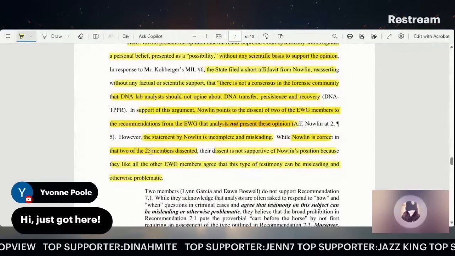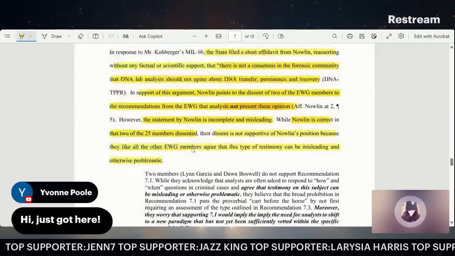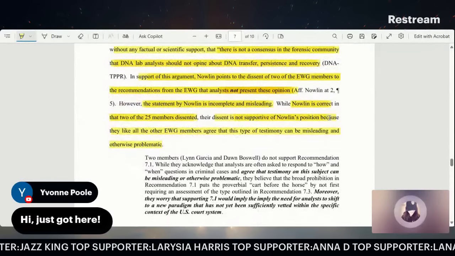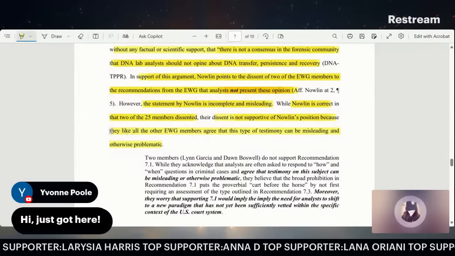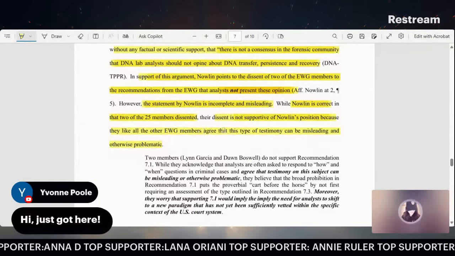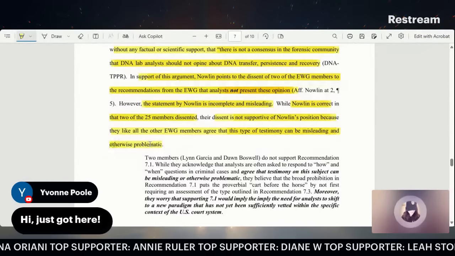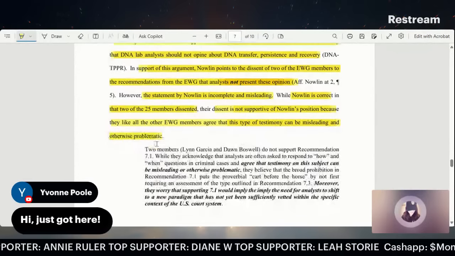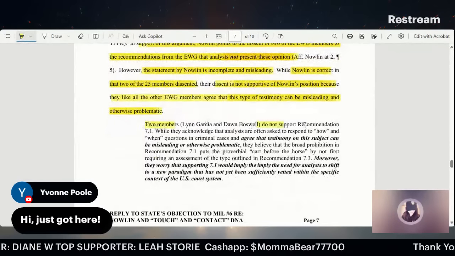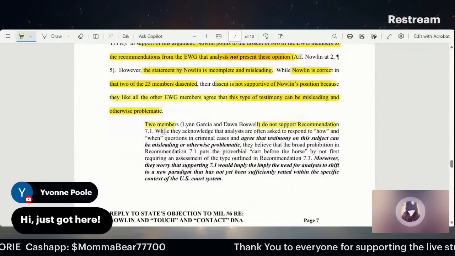While Nowlin is correct in that 2 of the 25 members dissented, their dissent is not supportive of Nowlin's position because they, like all other EWG members, agree that this type of testimony can be misleading and otherwise problematic. Quote, 2 members do not support recommendation 7.1.